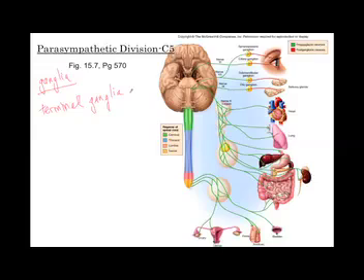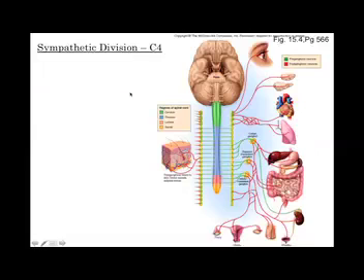Unlike the chain ganglia or collateral ganglia, they're typically quite a ways from those effectors. You can see that these little red dots represent the postganglionic neurons. Notice that they are right there. Whereas over here, notice how long a lot of those postganglionic fibers are.